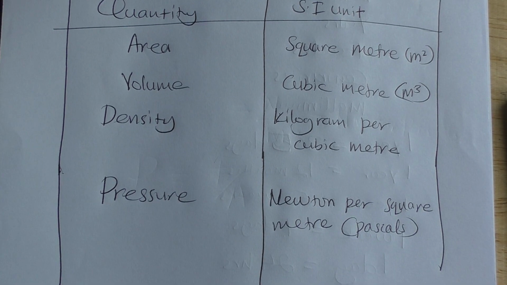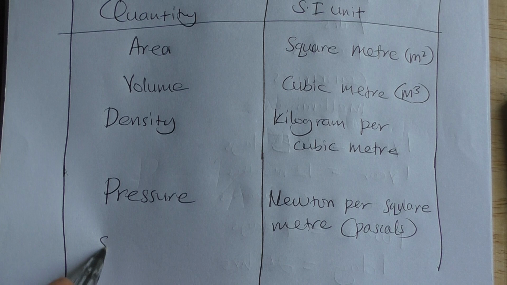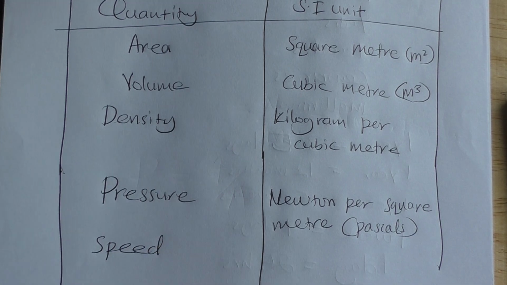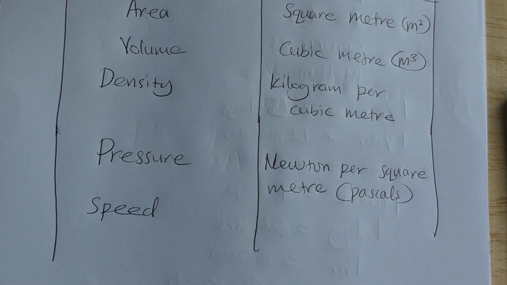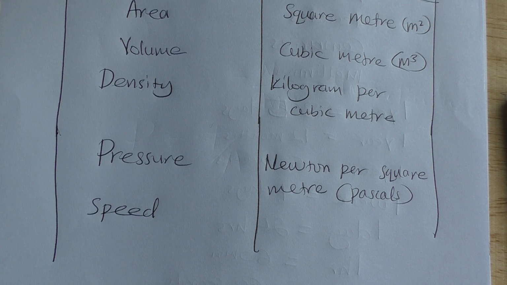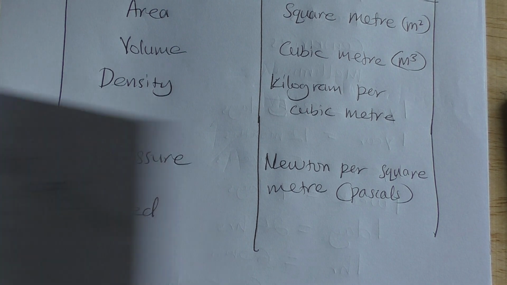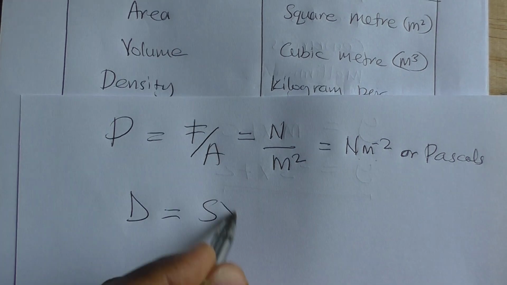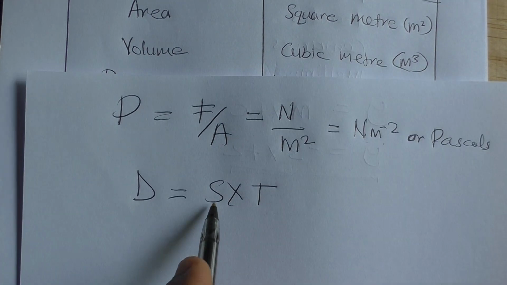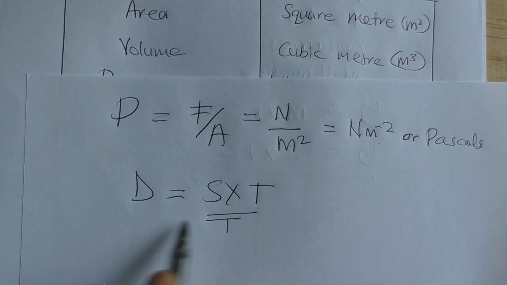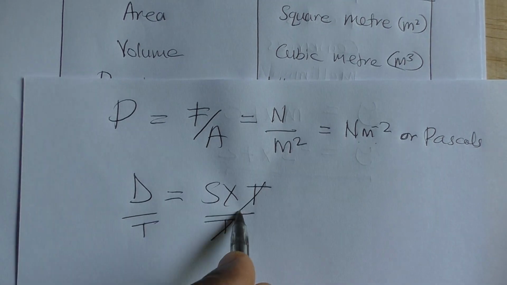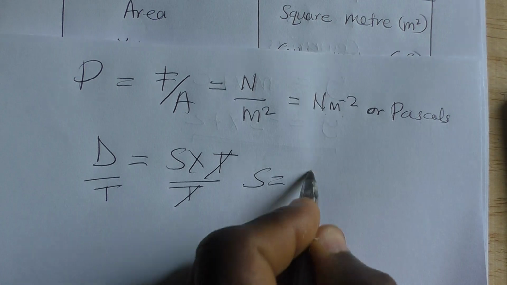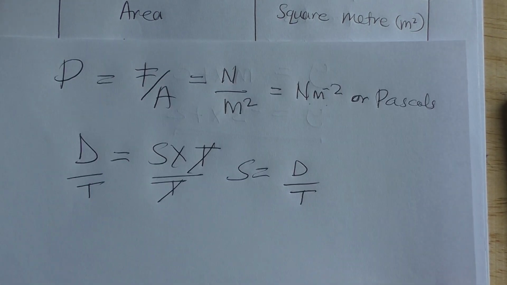We also have speed. Speed is derived from distance over time. Remember, distance equals speed times time, and therefore if we want speed, we shall divide throughout by time, hence giving us speed as distance over time.